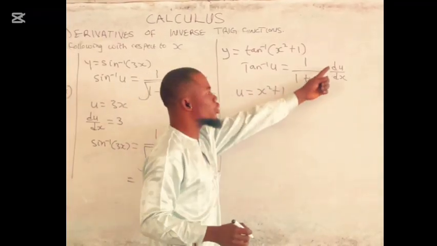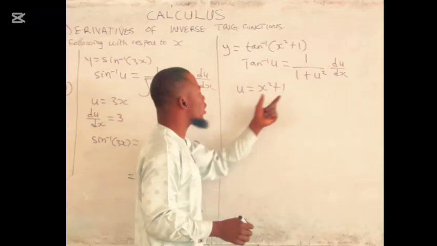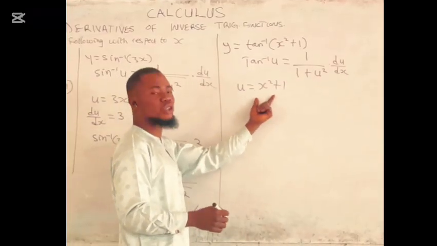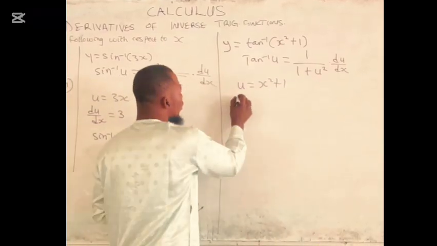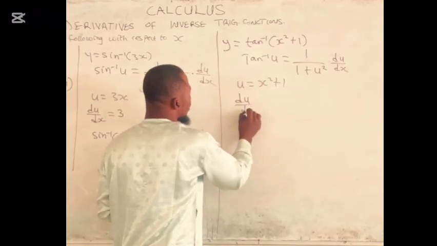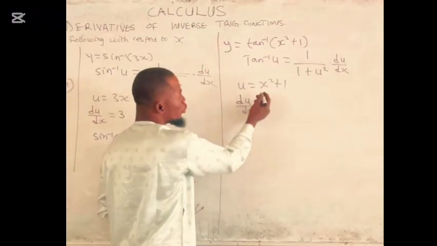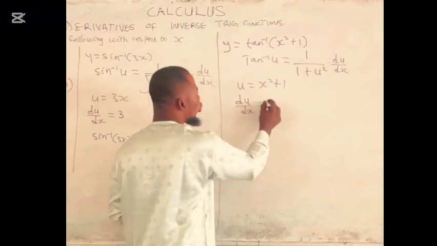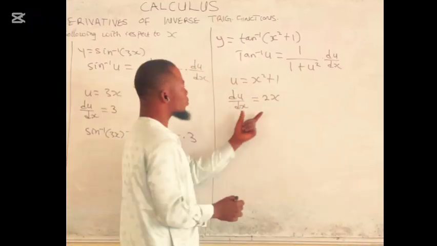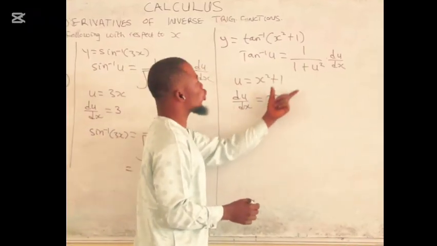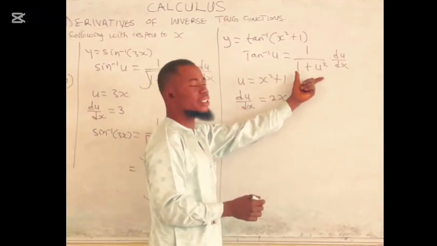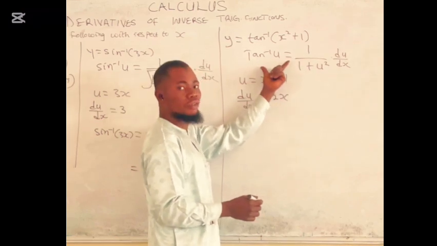Then we will look for du/dx. For us to get du/dx, we will differentiate u with respect to x. So du/dx is equal to, if you differentiate x squared plus 1, 2x. So from here, we substitute everything back into the identity of tan inverse of u.